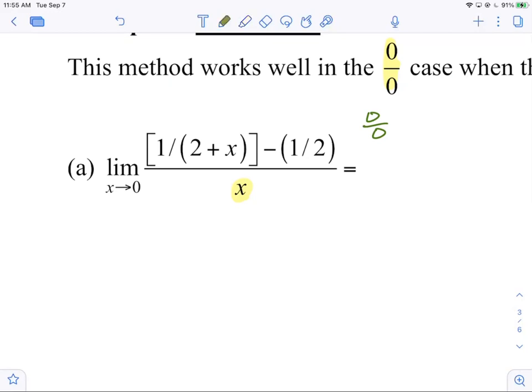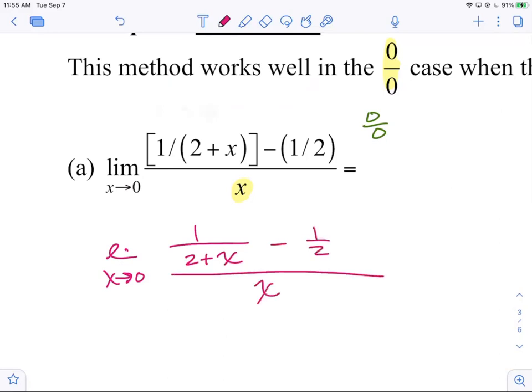Well, what I think I'm going to do first is write it in this format with the horizontal division bar, just so you can see more of the fraction within a fraction. It turns out that algebraically, if you simply get rid of the complex fraction, that is enough to divide out the bad guy factor.